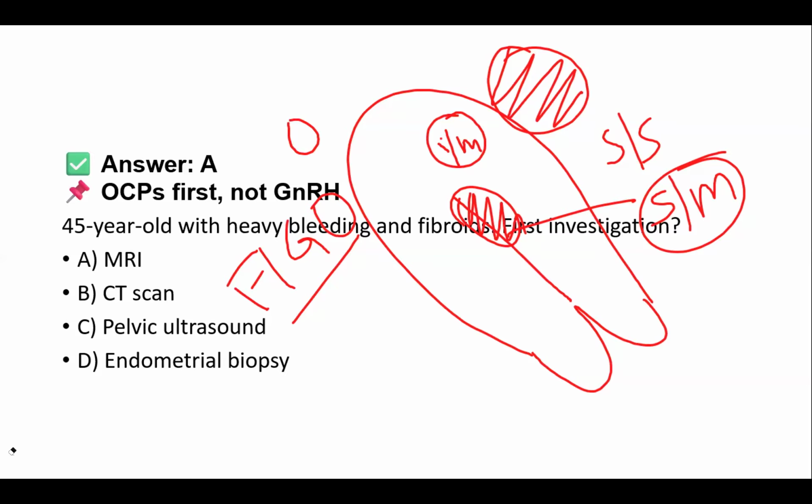If it is type 1, it is intramural with more of a submucous component. Like that, this comes from outside, it goes to the outside. If it is completely intramural, the FIGO type is 4.